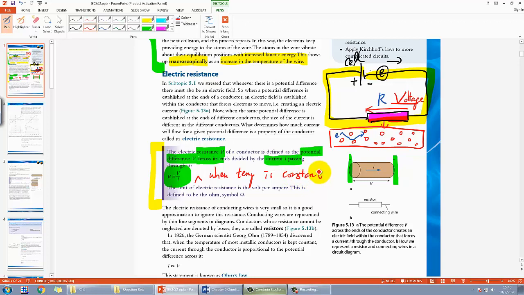So what I'm saying is, when we talk about Ohm's law, it is a little bit similar to one law that you learn in physics, and that is Hooke's law. Do you remember what Hooke's law is?